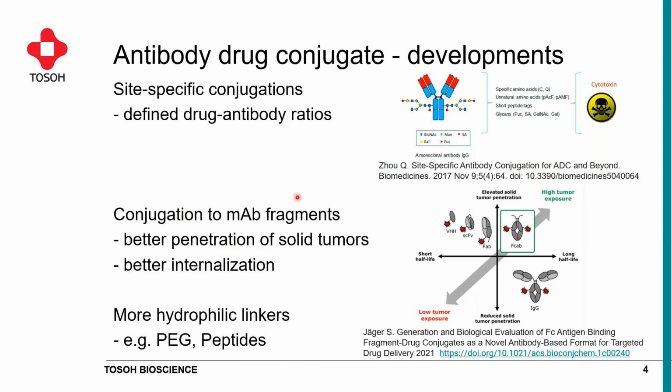This, again, you would not do if it wouldn't have any advantage. It can better penetrate solid tumors, and also the internalization of the whole molecule into the cell works better.